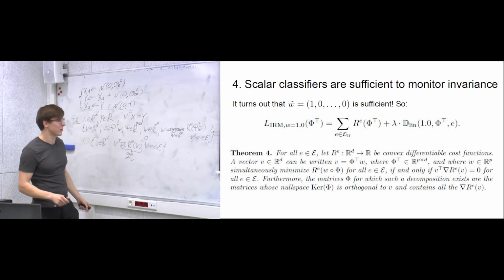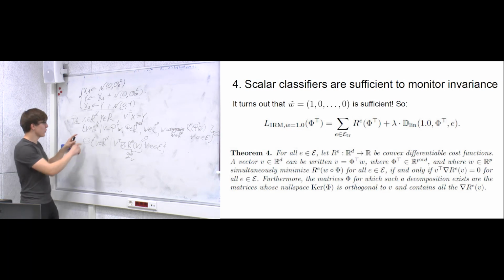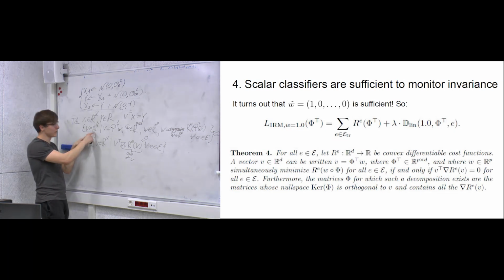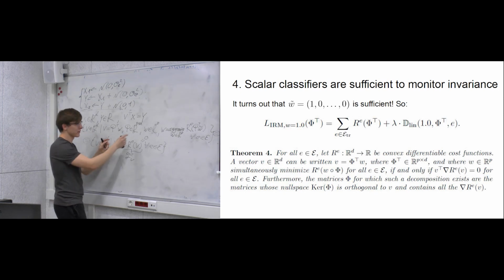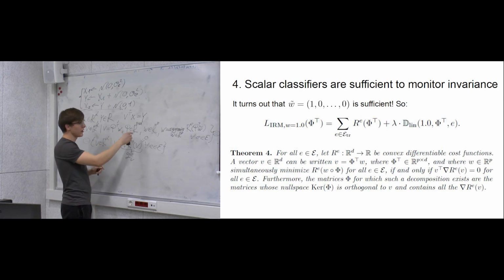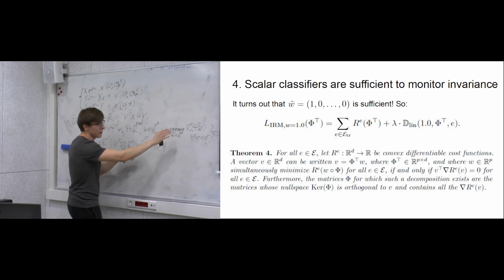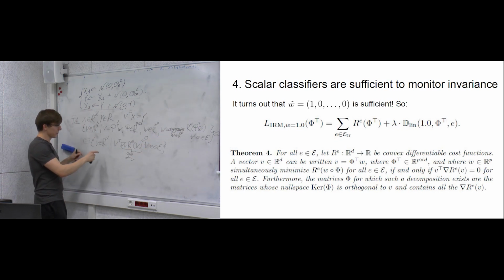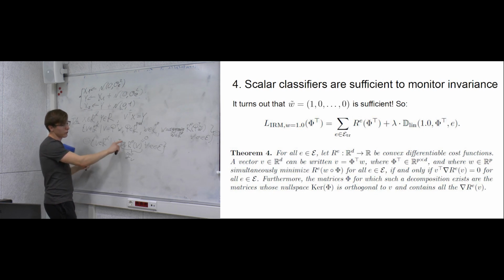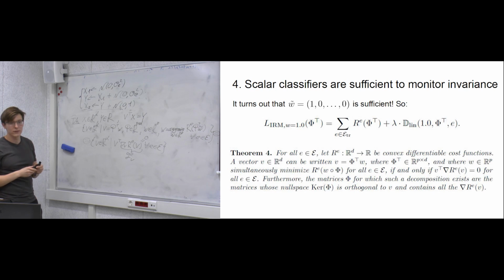It's just some number. So this theorem means that the optimal linear classifier predictor, which can be represented as some matrix, or for some p, as phi transposed by W, where W is argmin of risks across all environments, is actually the set of vectors which are orthogonal to the gradients of risk. And phi's are the same.